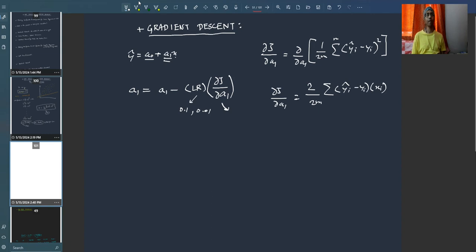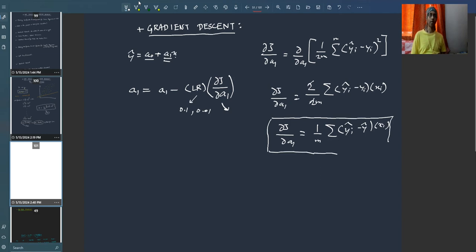This happens because of the differentiation of the equation, friends. So the 2 cancels out, and this becomes del J by del a1 equal to 1 by m sum of (y_i hat minus y_i) into x_i. This is our equation for del J by del a1.